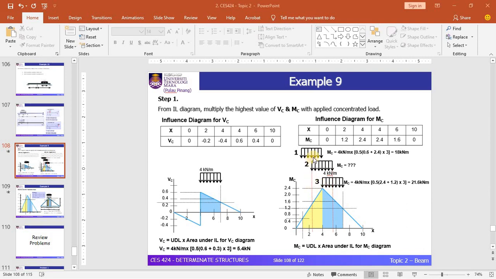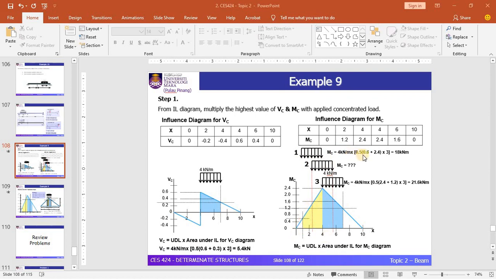To calculate the value of the bending moment, the same equation applies: you multiply the UDL value, which is 4 kN per meter, with the area under the ILD diagram. For option 1 and option 3 it is obvious, so you can simply find out. For instance, for the first possibility, this particular value of moment can be obtained by multiplying the value of UDL with these regions in yellow color.